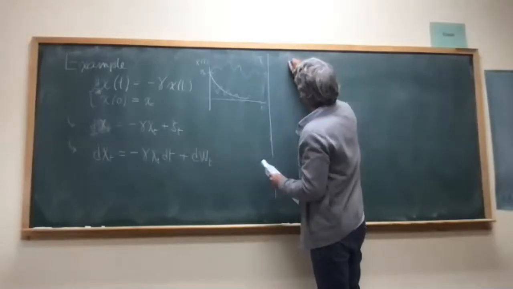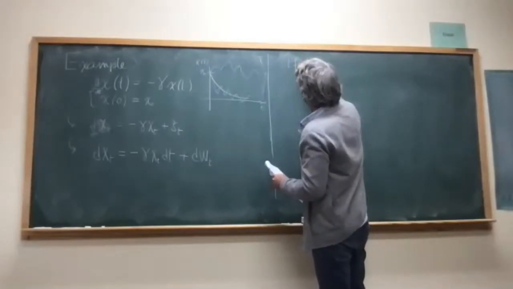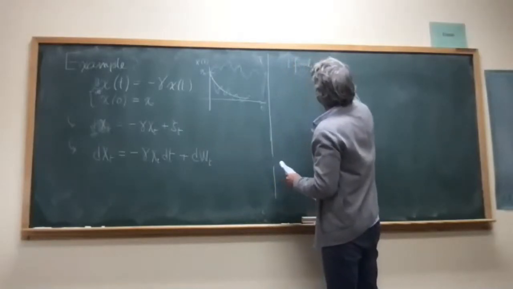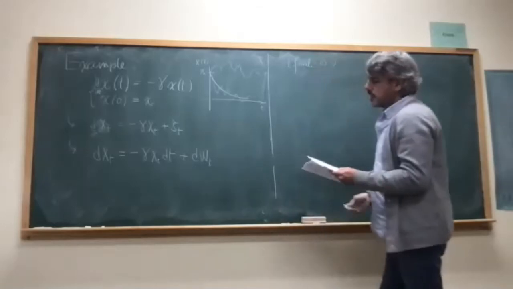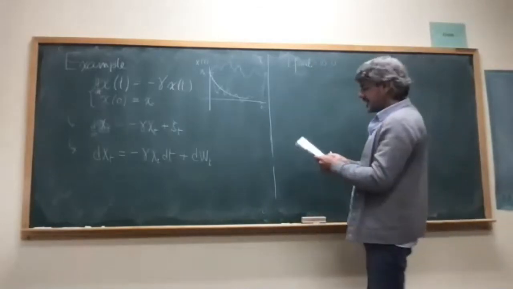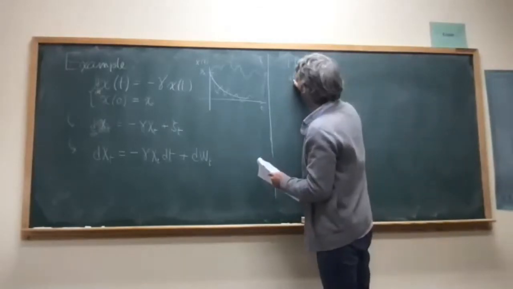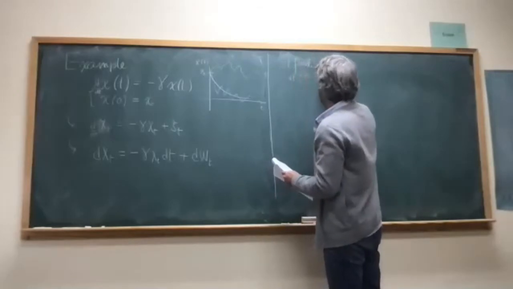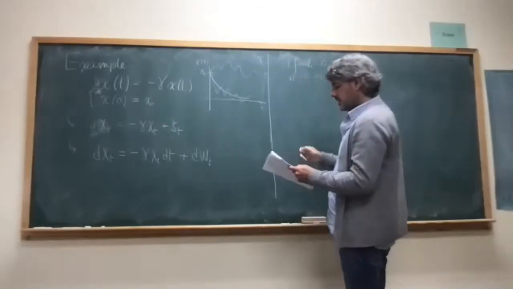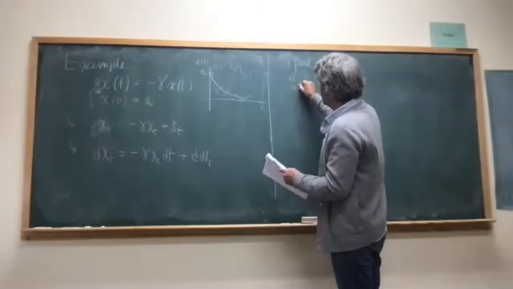Here I'm going to give you a kind of pseudocode for simulation. Let's assume that I want to simulate the process up until time 10. I'm going to use a certain dt, which will be 0.01. In most cases, this is fine enough.